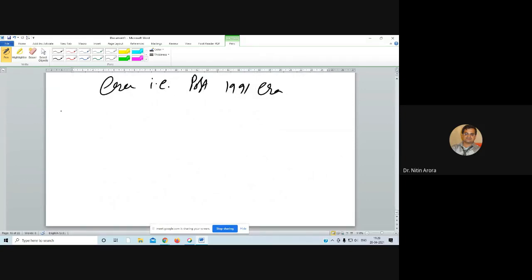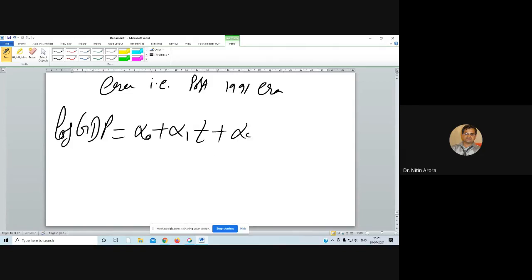Now the piecewise regression can be written as log of GDP regressed upon alpha naught plus alpha 1 T plus alpha 2 Z1 plus alpha 3 Z2 plus UT. Now, if we estimate this regression with the OLS method, what will we get?